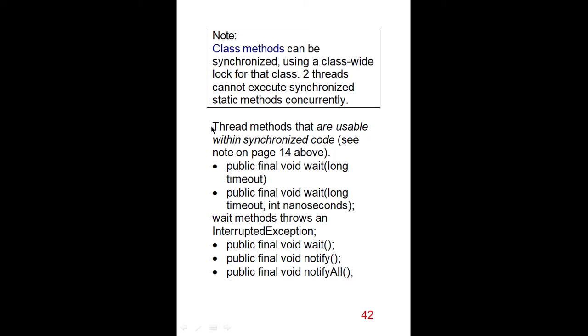So thread methods that you can use within synchronized code include wait, in two different forms: one waiting for a timeout period, which is probably going to be milliseconds, plus a further component in terms of nanoseconds.